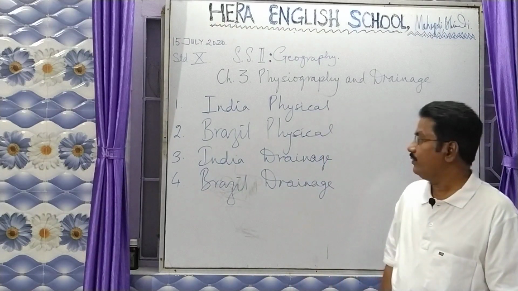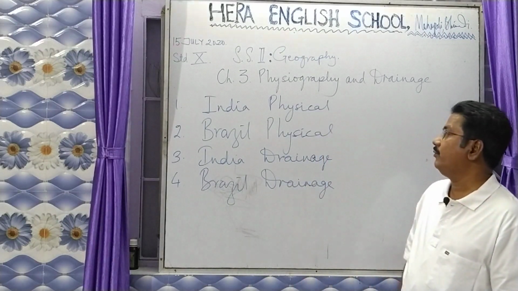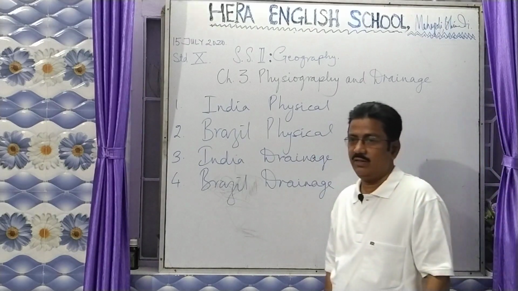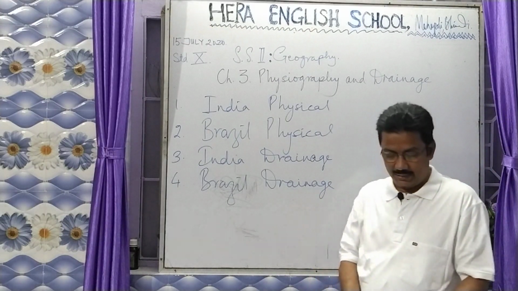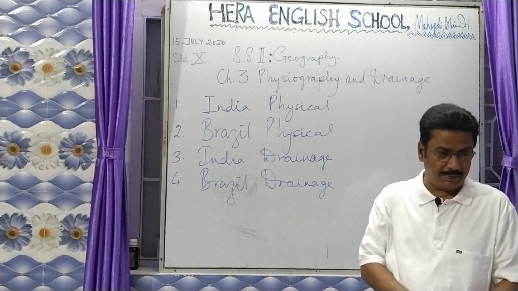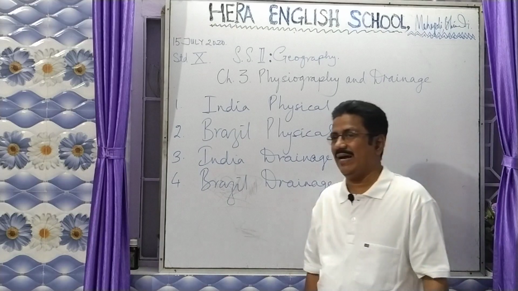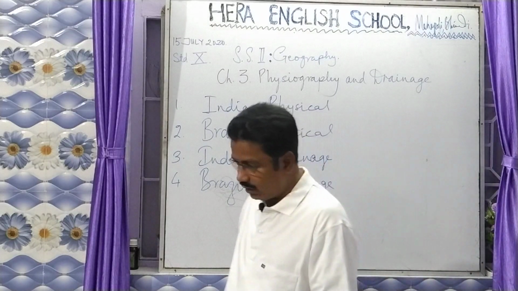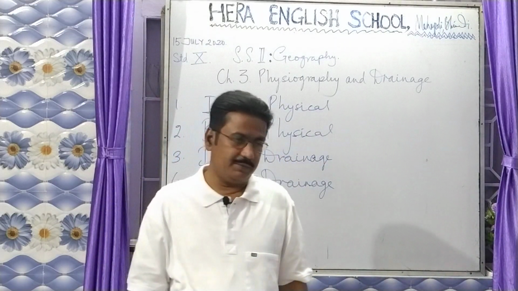Let's just revise the India physical, where India has physical features of 5 types. You have the Himalayas, North Indian plains, the peninsular region, the coastal region, and the region of the islands of India.